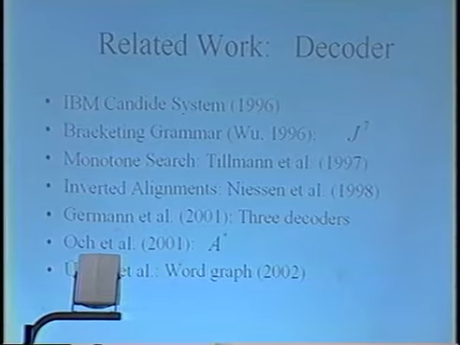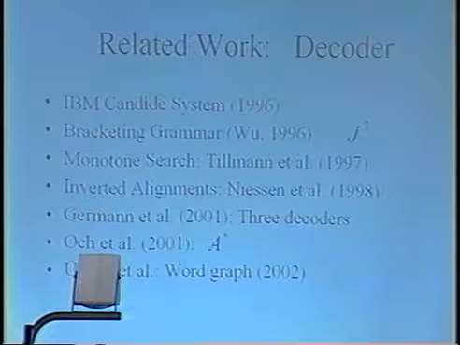He uses the IBM translation model, and then he introduces a decoder which has bracketing restrictions on the reordering. I won't go into the details. I just mention that, assuming that each source word is translated as exactly one target word, he has a complexity of J^7 for his search algorithm.